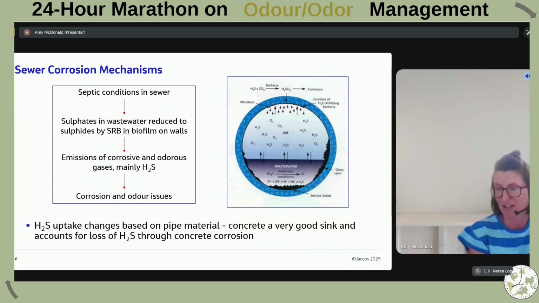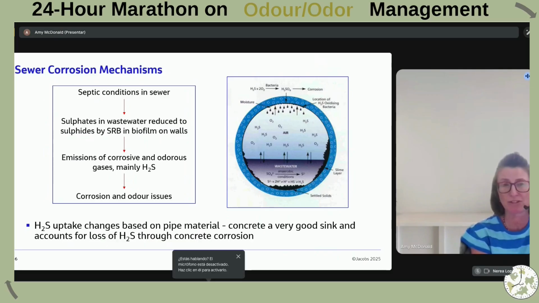So how does corrosion happen in a sewer? If you've got septic conditions in the sewage, the sulfates in this sewage can be reduced to sulfides by sulfate-reducing bacteria that live in the biofilms on the sewer walls.